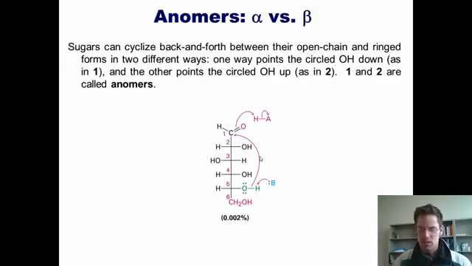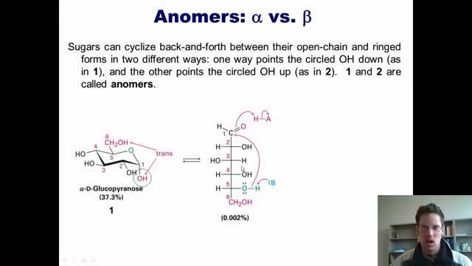As I already discussed 2 slides ago, sugars can cyclize back and forth between their open chain and ringed forms in 2 different ways. One is by putting the OH going down. So you can see if this oxygen closes on the anomeric carbon in a way that points the OH going down, we get one form.